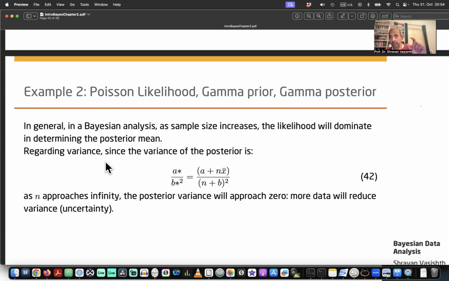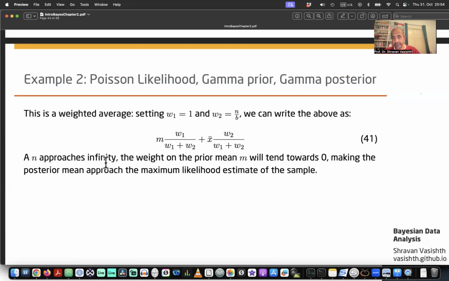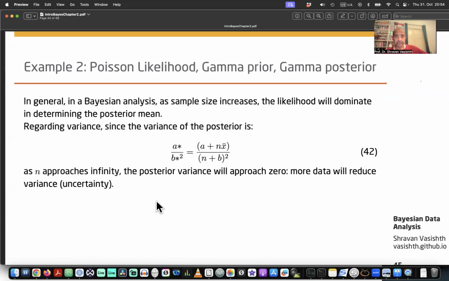But for the Poisson gamma case, I could show you an analytical derivation which demonstrates this relationship between the prior mean and the maximum likelihood estimate. But this situation holds generally across all Bayesian analyses, right? As sample size goes up, the posterior will be dependent mostly on the likelihood.